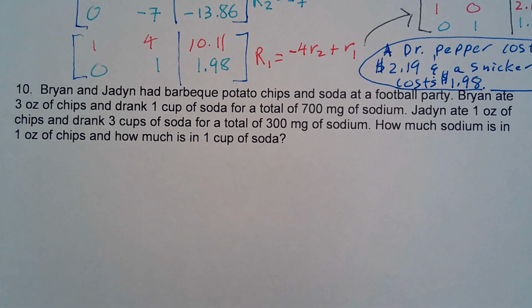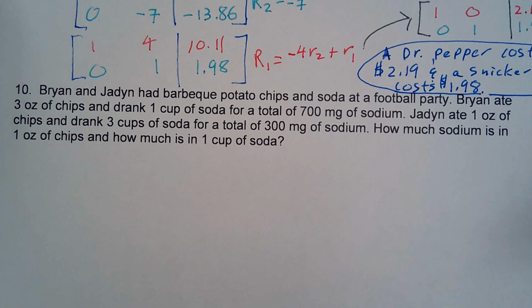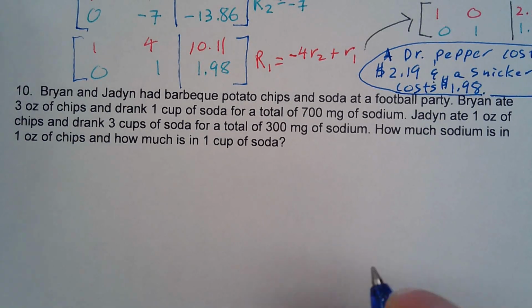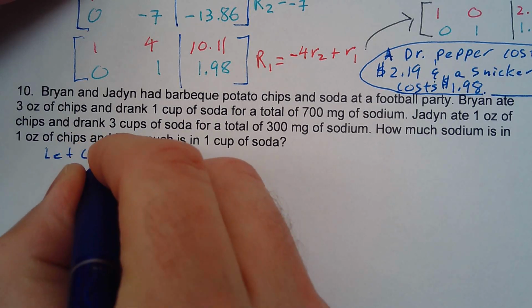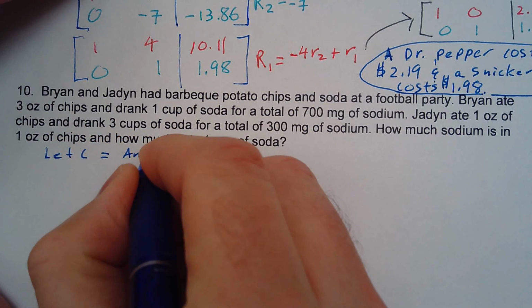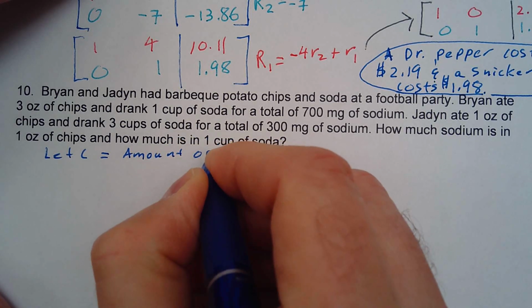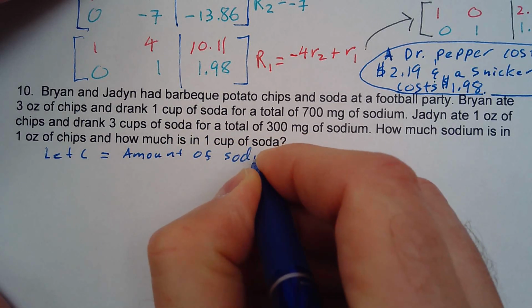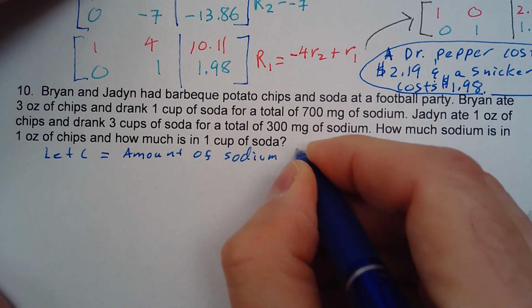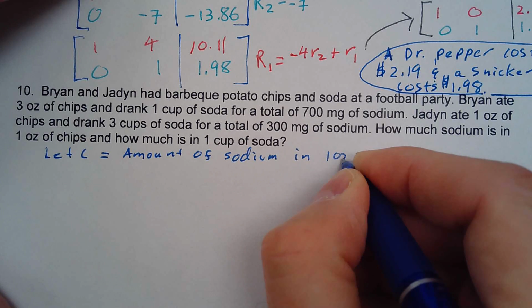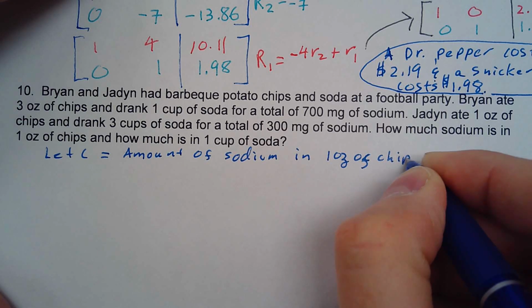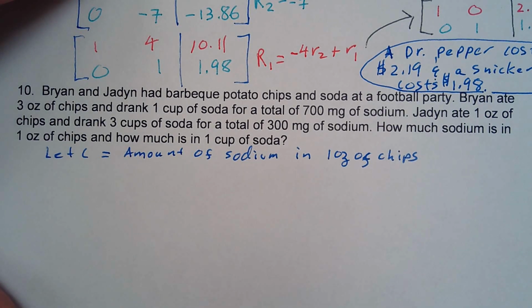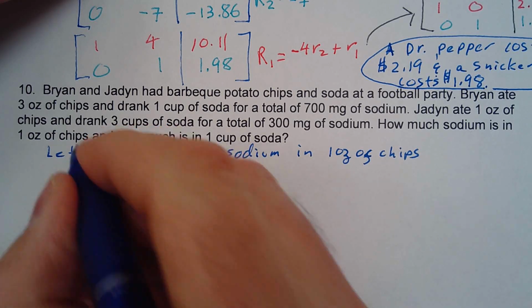So, you can use X and Y. I kind of like to have something a little bit more meaningful. So I'm going to let C be the amount of sodium in 1 ounce of chips. And then I'll do S for soda.